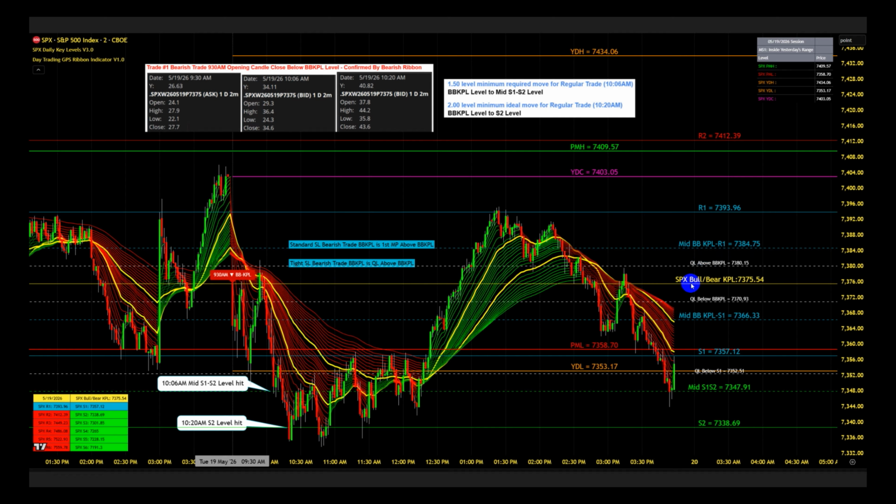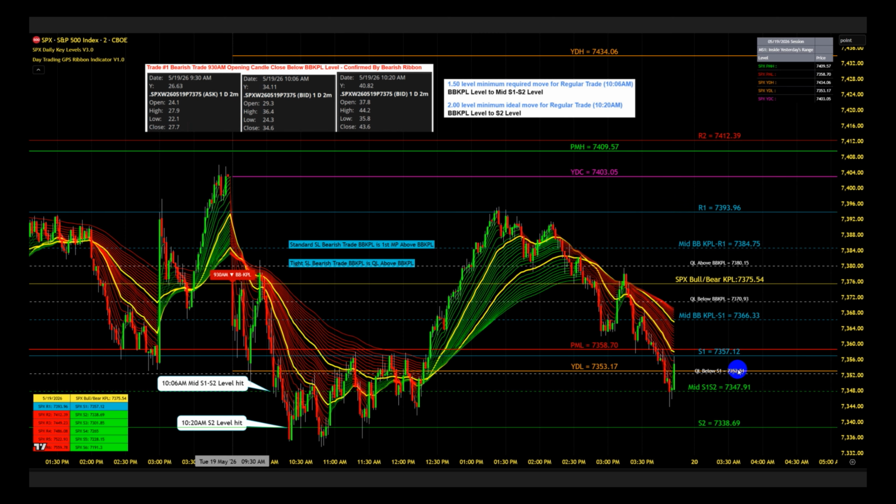So in the case of a bearish trade from the bull bear key price level, it's the QL above the BBKPL level. If you were taking a bearish trade off the R1 level, then you would simply turn on the QL level above R1, and that would be your tight stop loss.